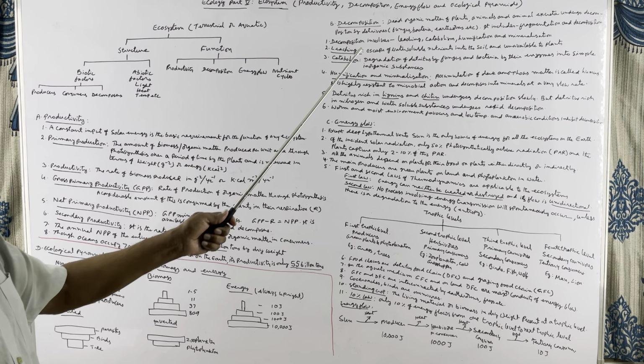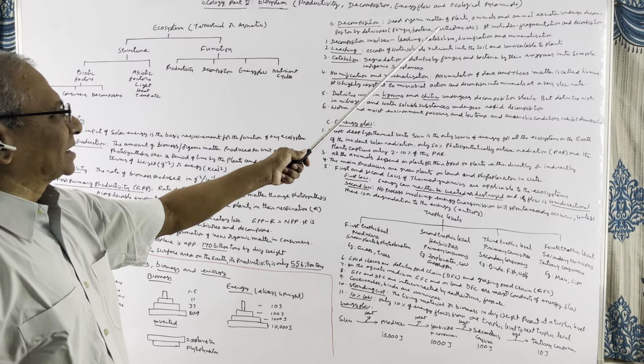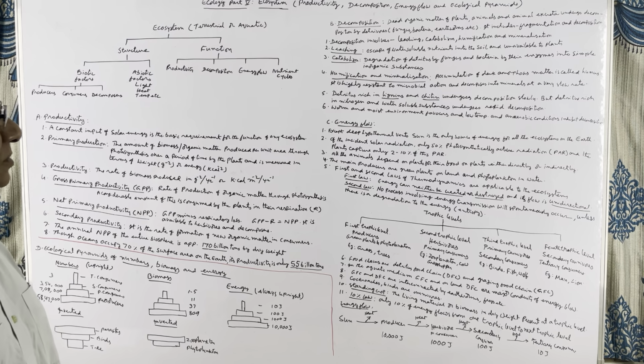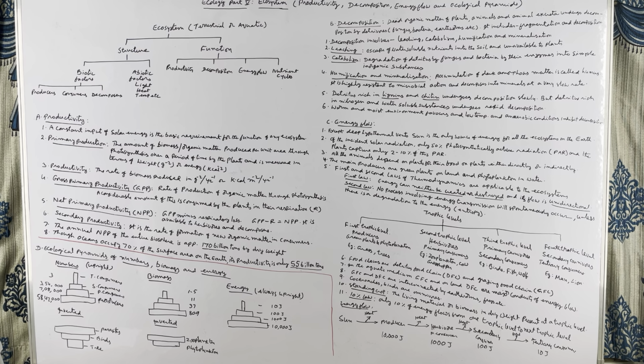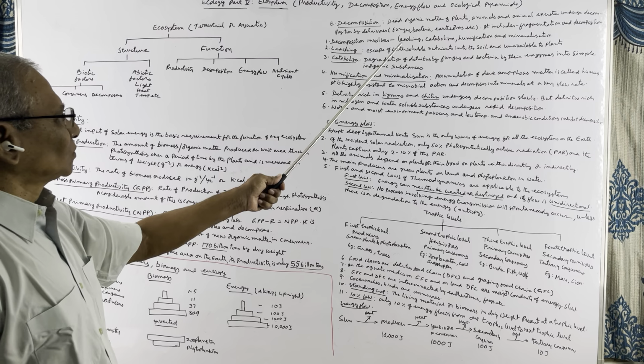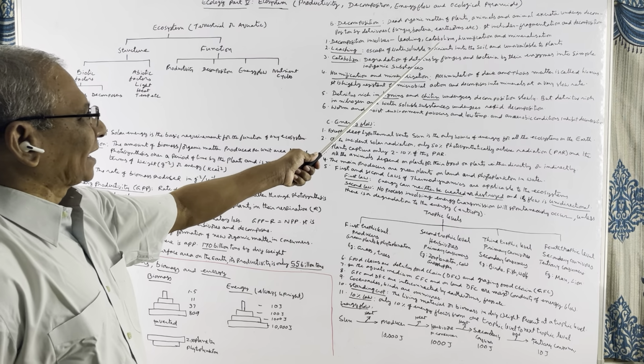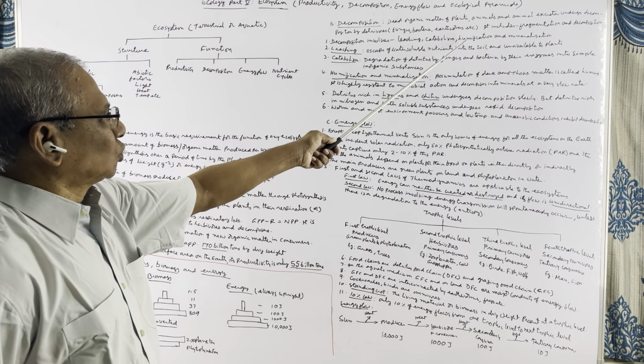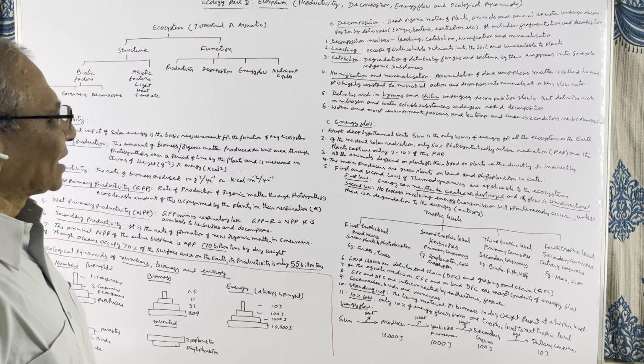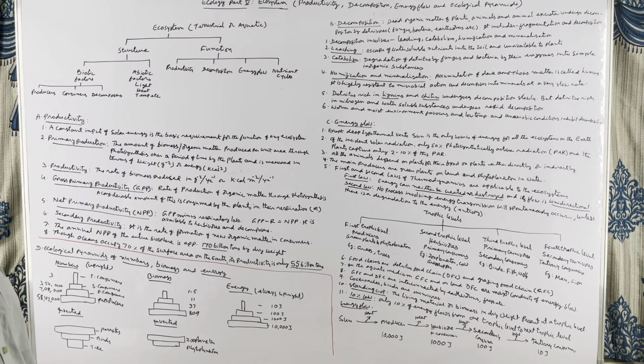These decomposers are mainly fungi, bacteria, earthworms, etc. And the decomposition process involves a number of steps. These steps include leaching, catabolism, humification, and mineralization.